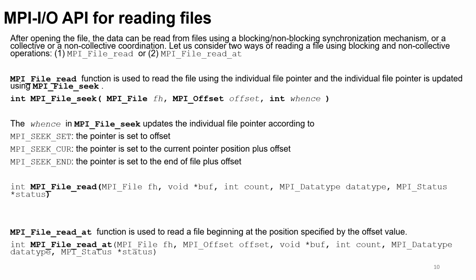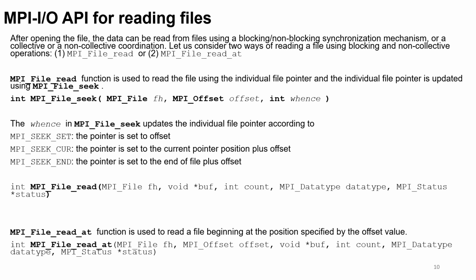MPI provides multiple types of calls for reading and writing files in parallel. There are API calls available with blocking or non-blocking synchronization mechanisms, and we can make a choice between using collective or non-collective coordination patterns of these calls.